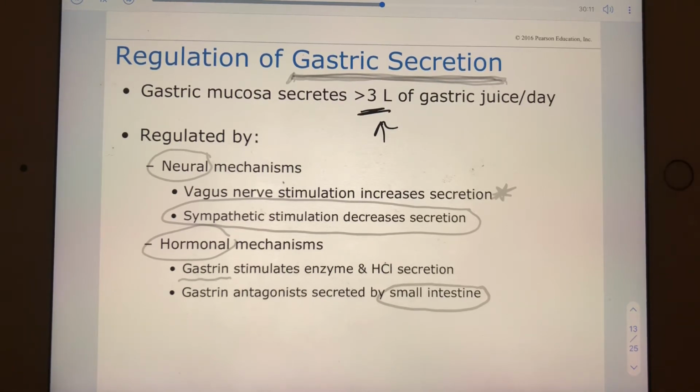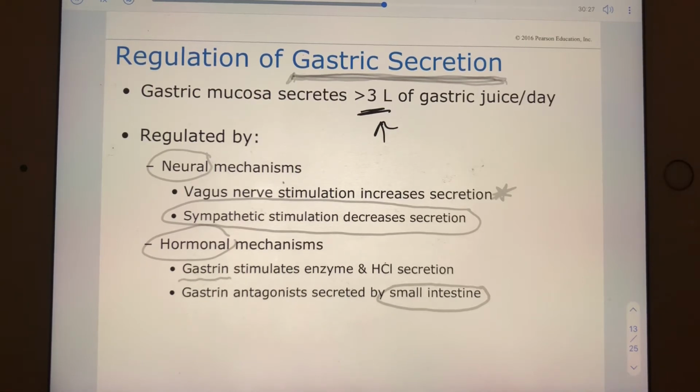Because if we were to eliminate all the water that we add along the journey of the alimentary canal, then we would desiccate in nothing flat.